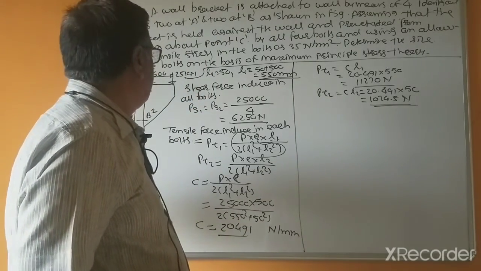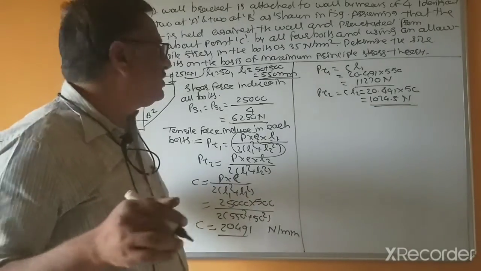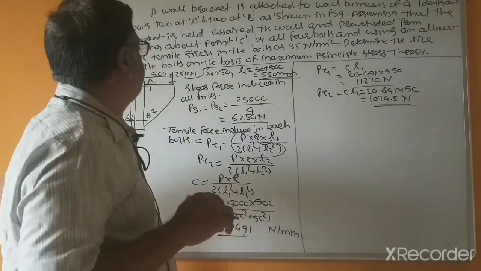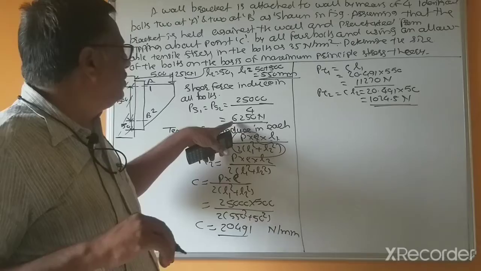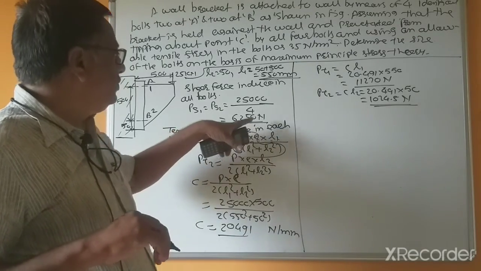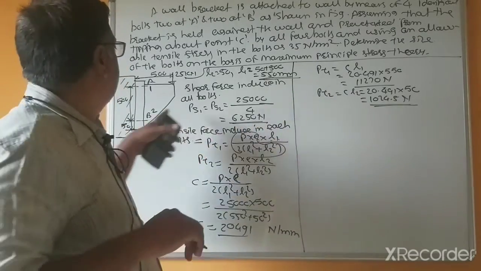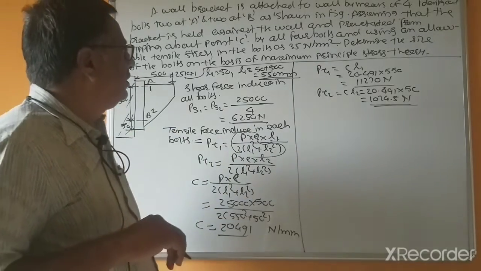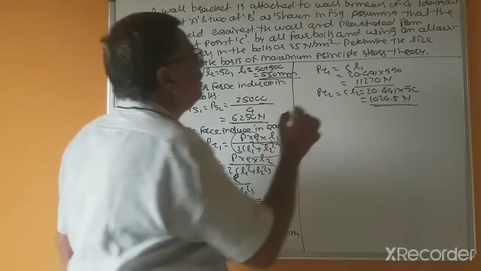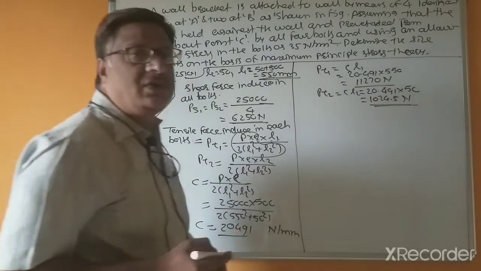Now, on which bolt is there more load? Because the shear force acting around both bolts is 6250, and for the first bolt this is 11,270.